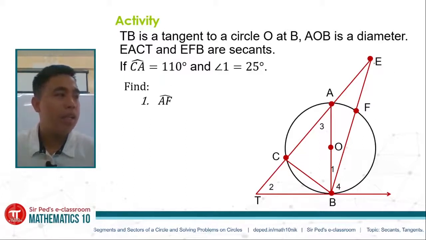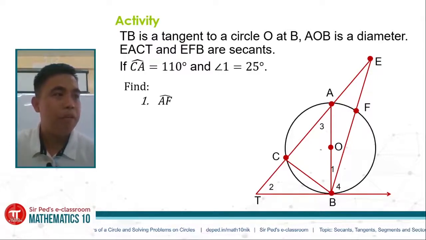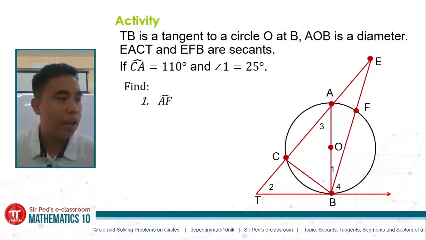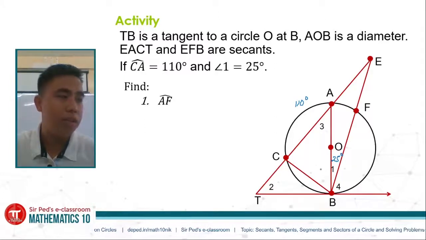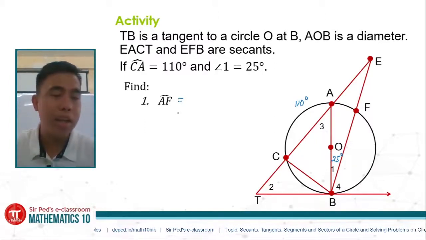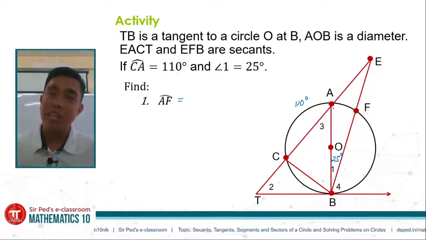EACT is a secant, also with EFB. If arc CA is equal to 110 degrees and angle 1 is equal to 25 degrees, what is arc AF? What is arc AF? It was not in what we discussed earlier.